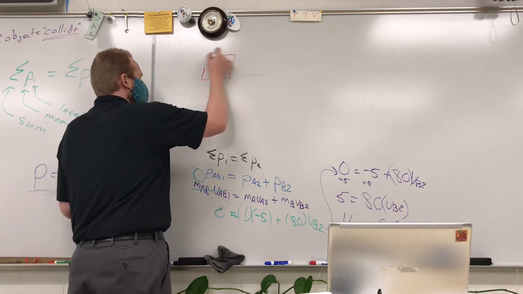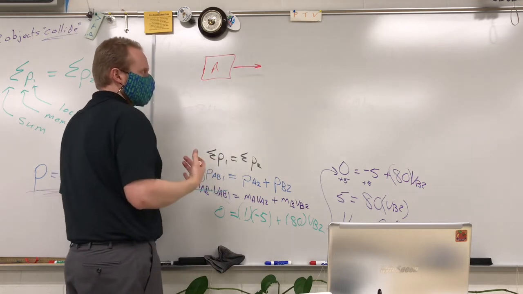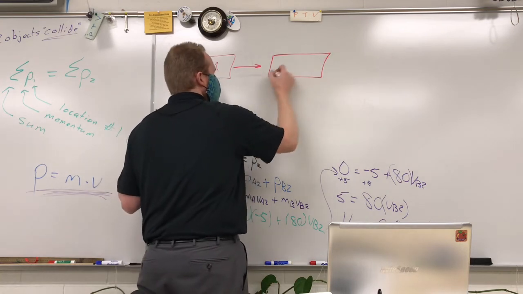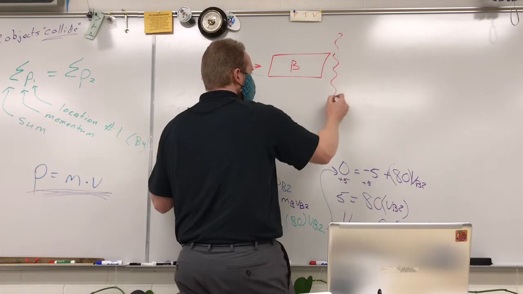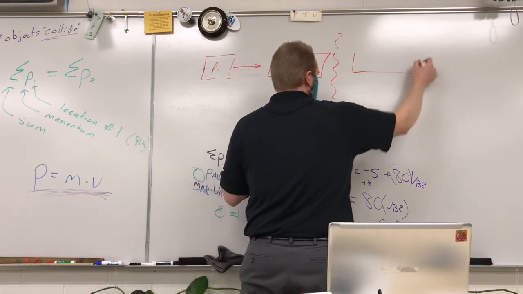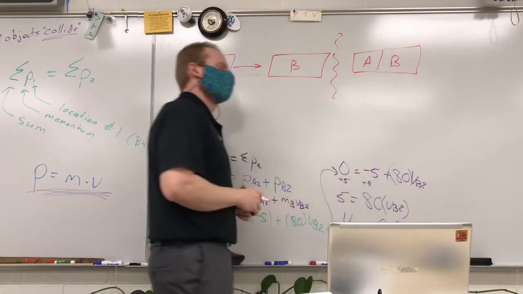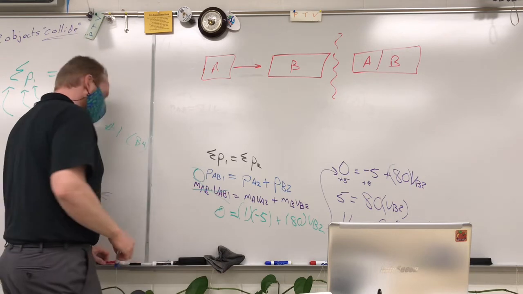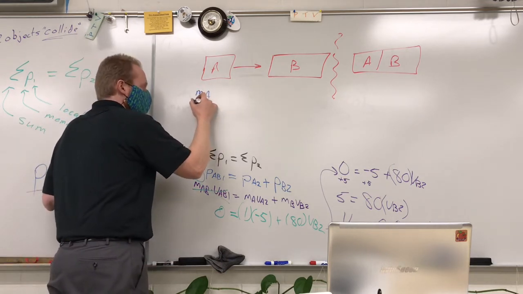So if we say I have a car that is moving to the right, and it hits a semi which is stationary. They lock bumpers, which means they stick together. Based upon our little green sheet, what kind of problem is this? This is an inelastic collision.